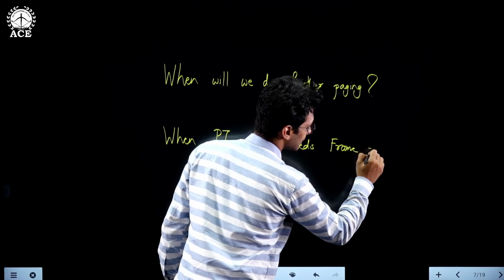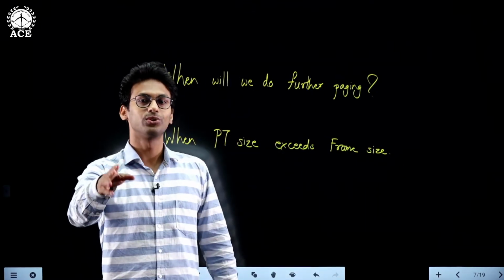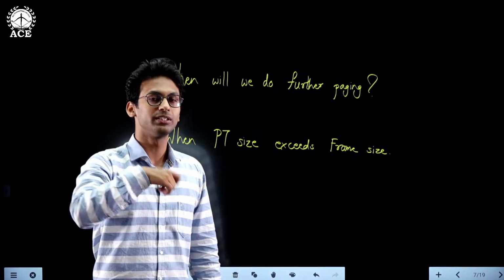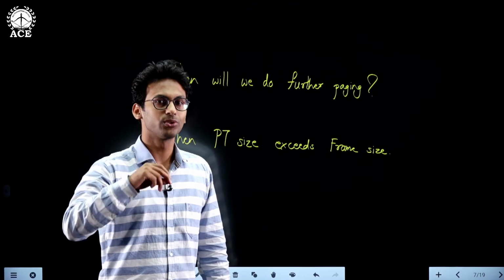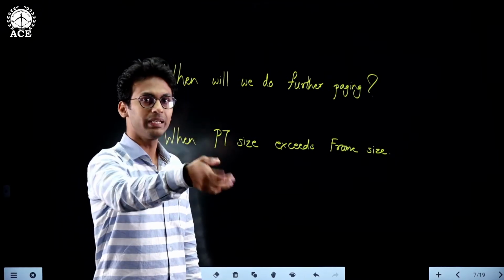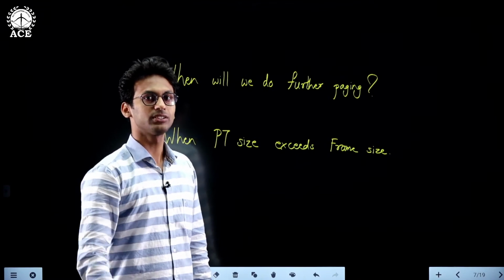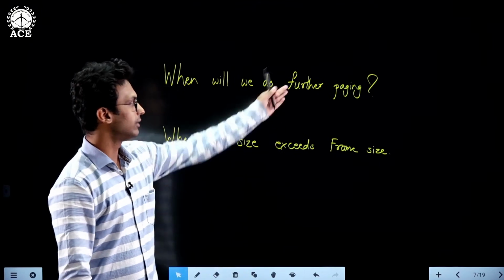Frame size and page size are the same, I told you. Because the page table will be stored in main memory, it means it is stored in frames, so it should be less than or equal to the frame size. So when the page table size exceeds the frame size, we'll do further paging.